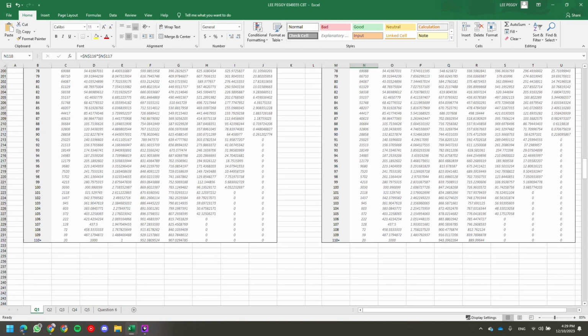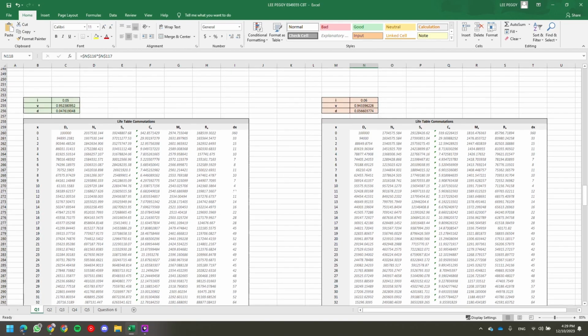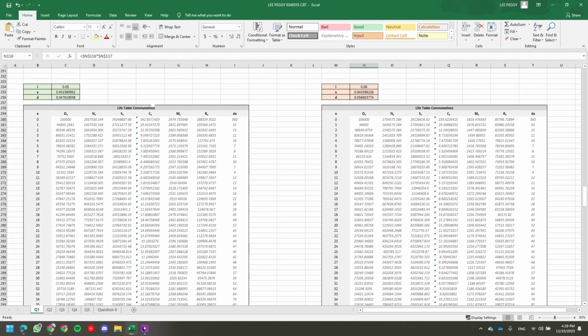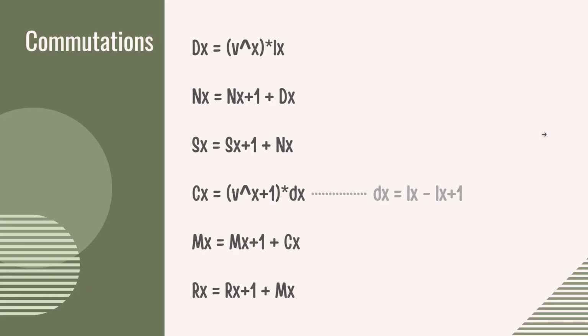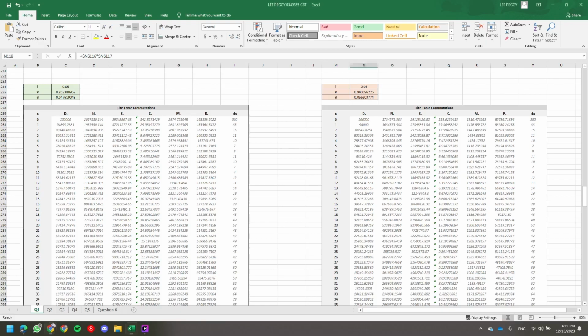So for the second requirement, we have to create this life table commutations table. These are the formulas for the commutations, and we can input it into Excel respectively, and we can get all the values.